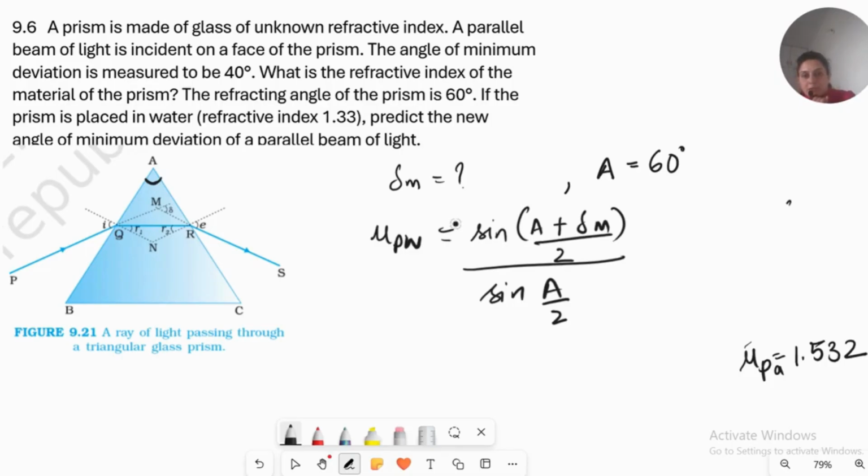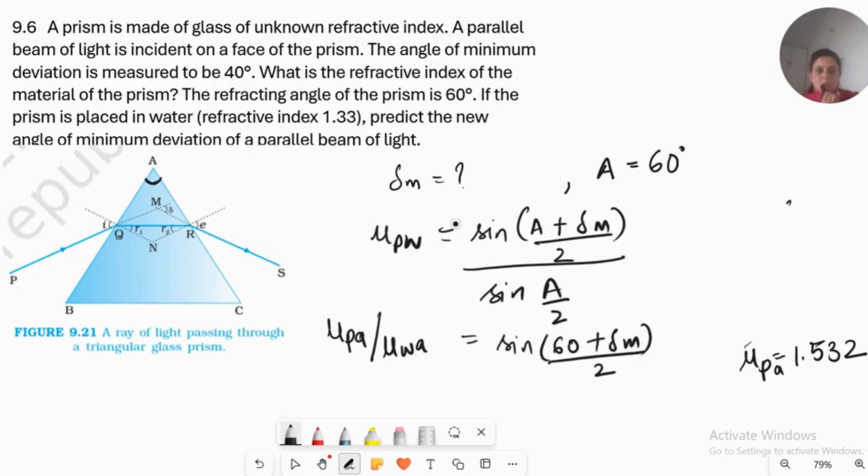This mu I can split as mu PA divided by mu WA, which is sine of (60 plus delta m) whole divided by 2, divided by sine of 30.